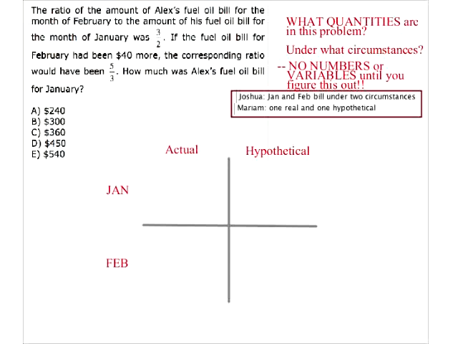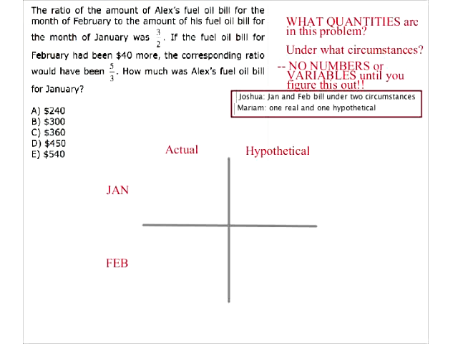Smiley face if you understand the chart and the fact that we made the chart before we had any numbers or any math. Very important. Okay, so now let's do math.